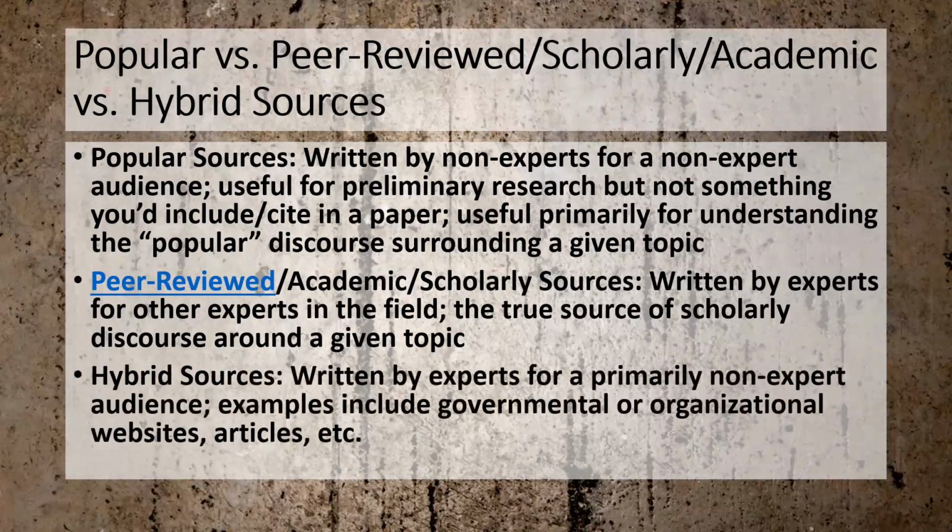And then in between these two is a hybrid source, and it's called hybrid because it's kind of a combination of the two. It is written by experts, but for primarily a non-expert audience. So examples would include governmental or organizational websites, articles, agencies. So for instance, the CDC, the Centers for Disease Control and Prevention, their materials are aimed at non-expert audiences, right?